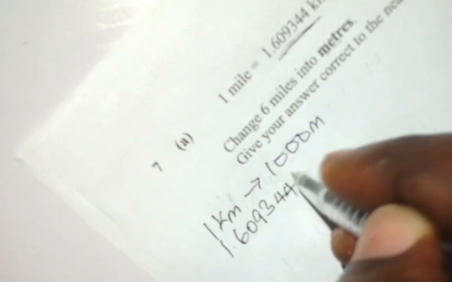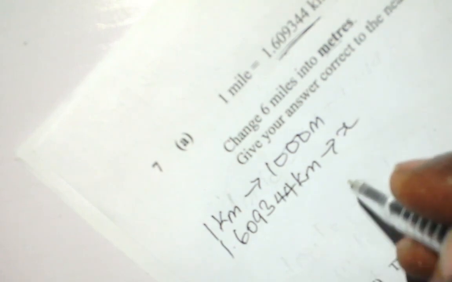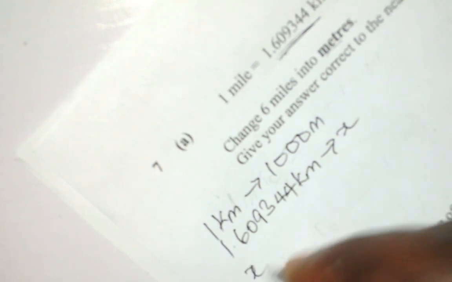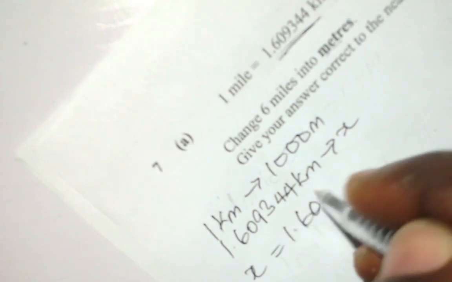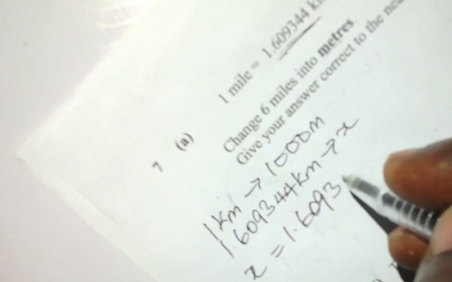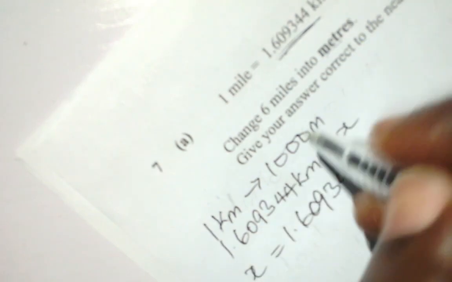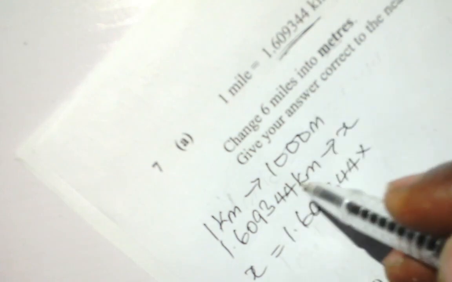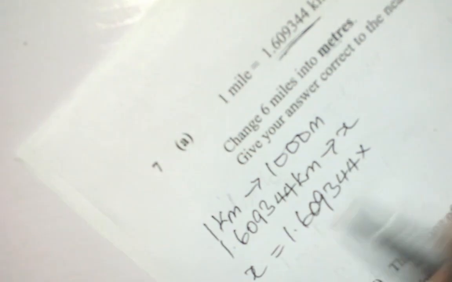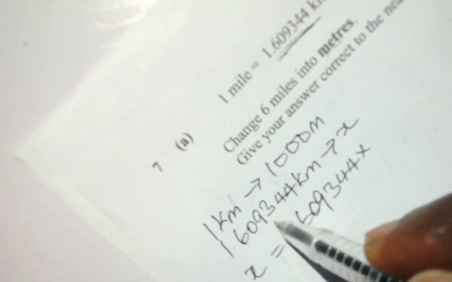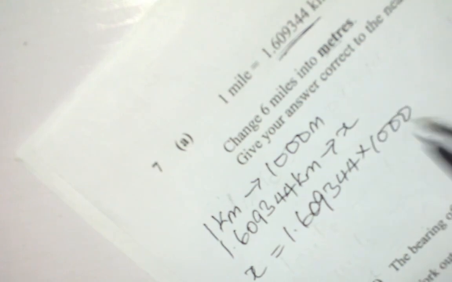So if 1 kilometer is 1,000 meters, what will be 1.609344 kilometers? Let it be x. By simple proportion, x is equal to 1.609344 multiplied by 1,000. What I'm doing is to cross multiply. 1 times x is x. Then 1.609344 multiplied by 1,000.